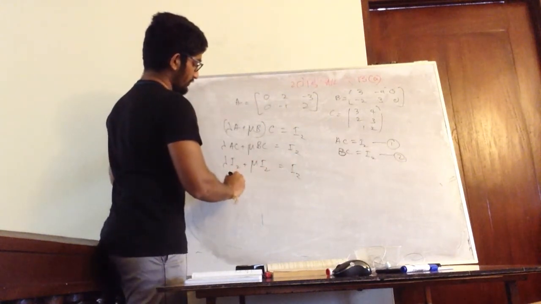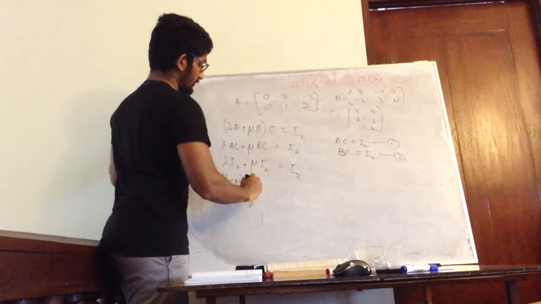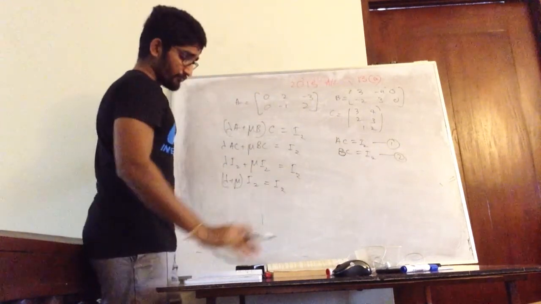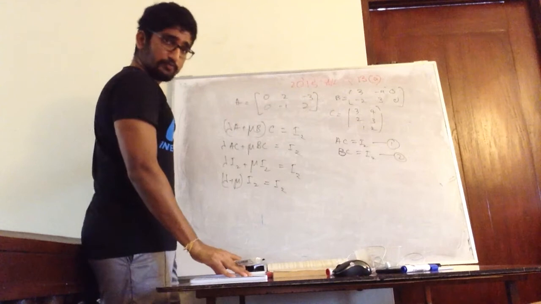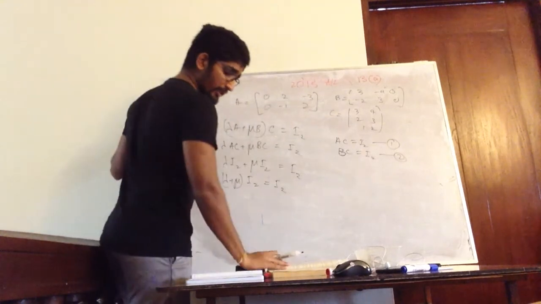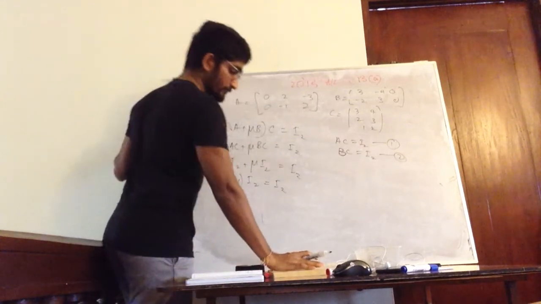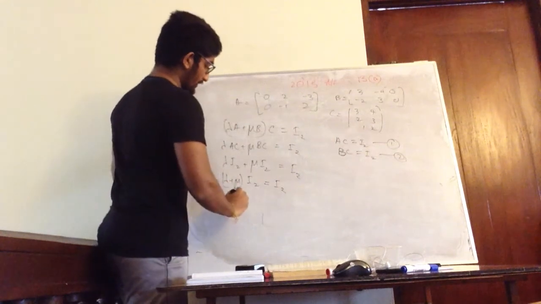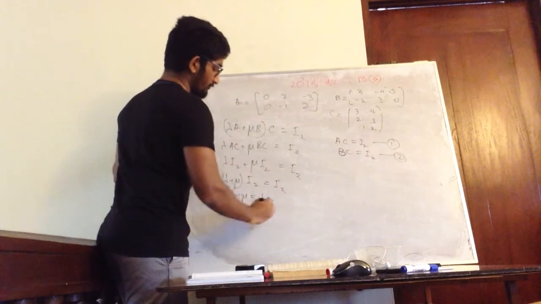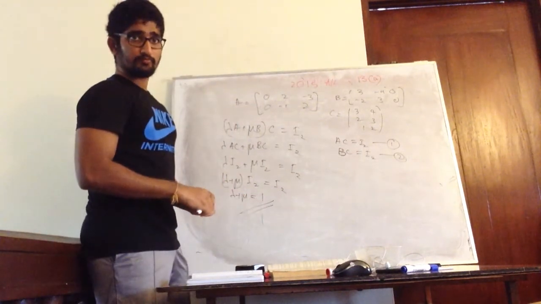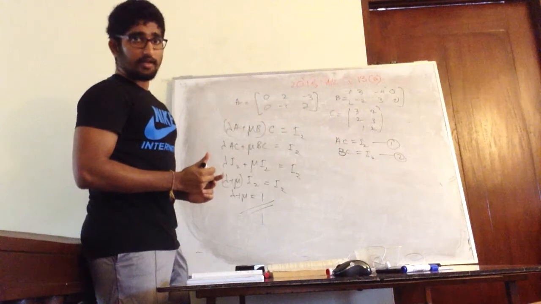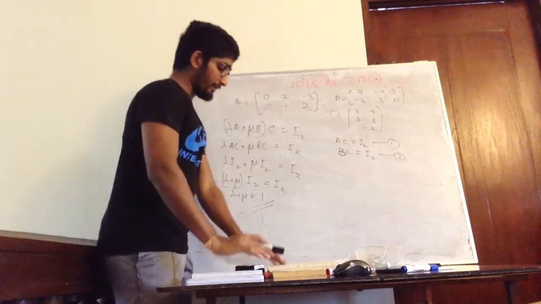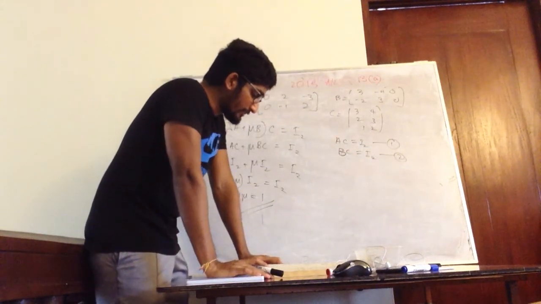So lambda plus mu times I2 is going to be I2. Then we obtain the equation connecting lambda plus mu, so lambda plus mu will be 1, correct?